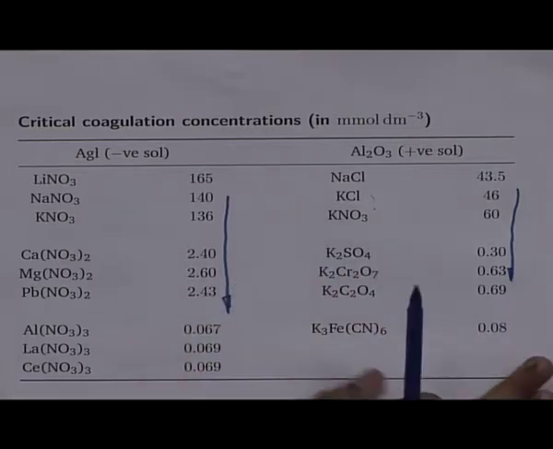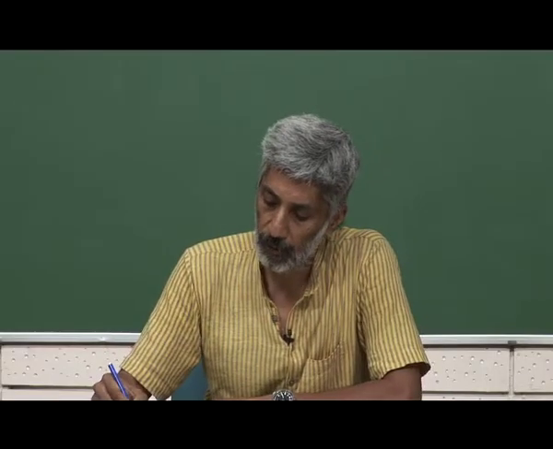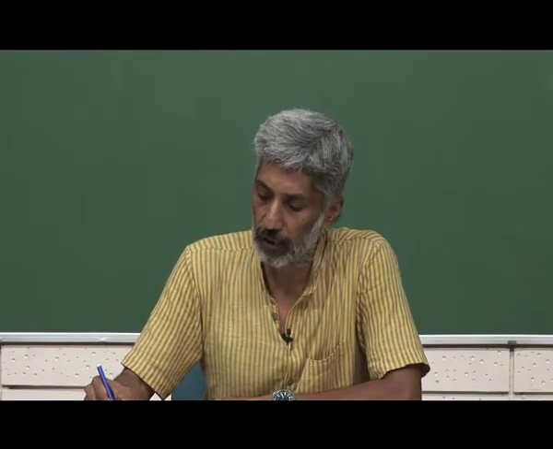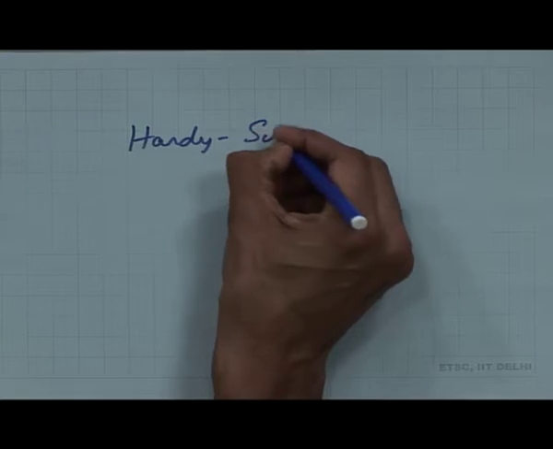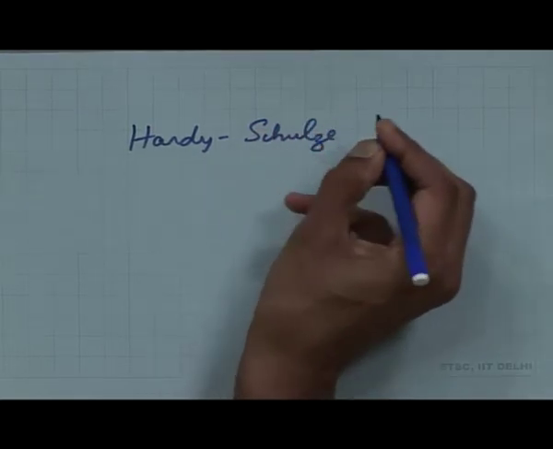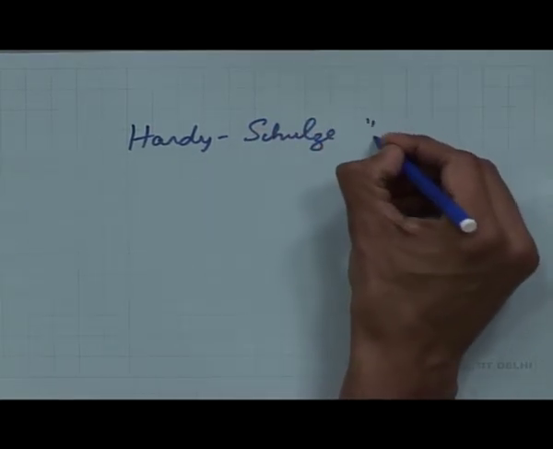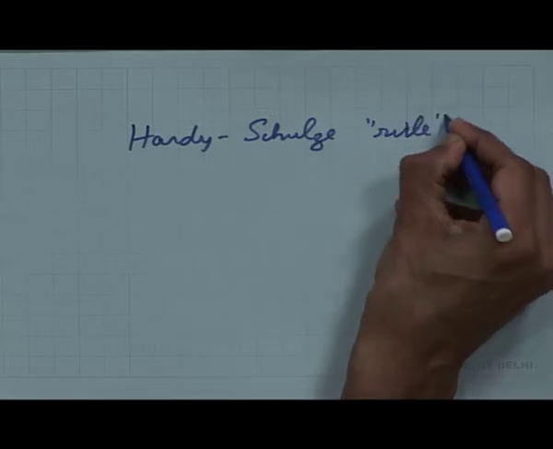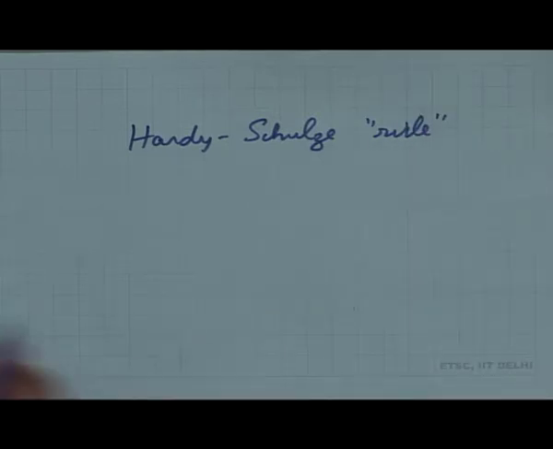And this is what is called the Hardy-Schulze law, or rule, because these were the two gentlemen who found that as you changed the electrolyte and the charge on the electrolyte, the coagulation properties of the colloids change. As you increase the charge, the efficiency of coagulation increases.